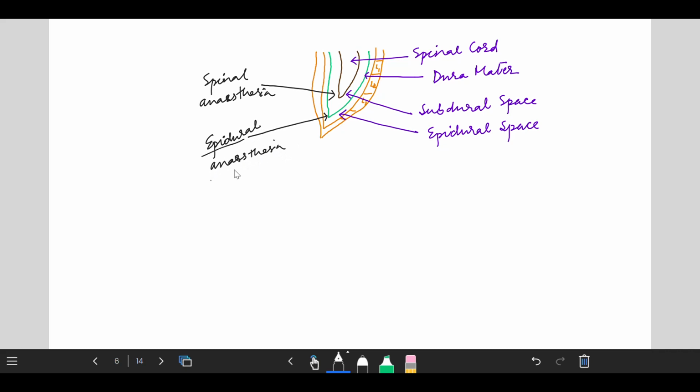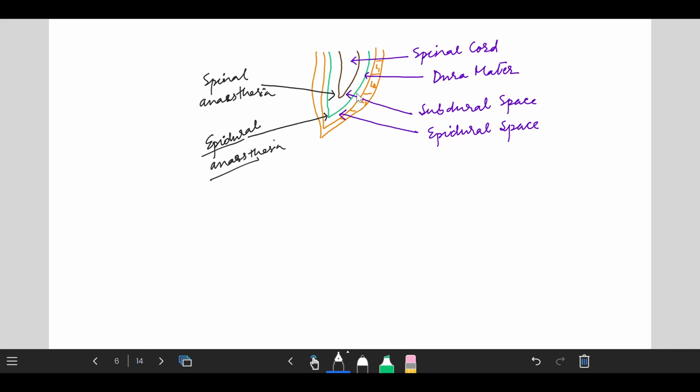Why is this epidural? Because if this is your dura mater, the space upper to the dura mater is known as the epidural space. In this space, because the anesthesia is applied here, that's why it is known as epidural anesthesia. Okay? And spinal anesthesia is applied to the subdural space.